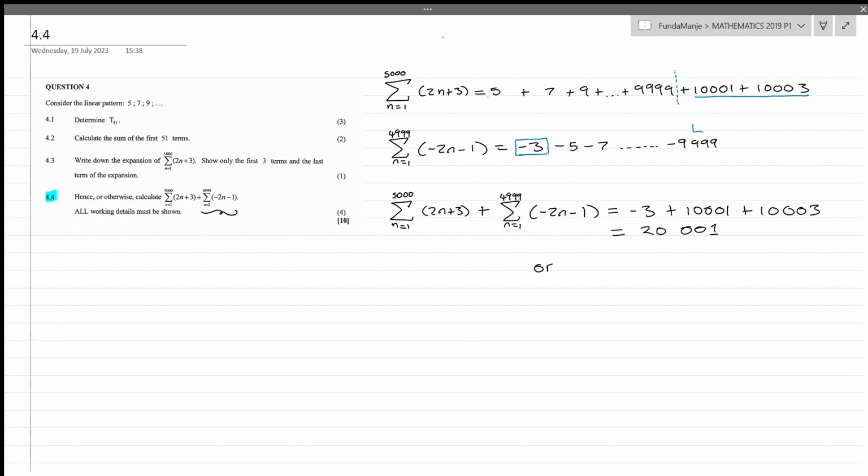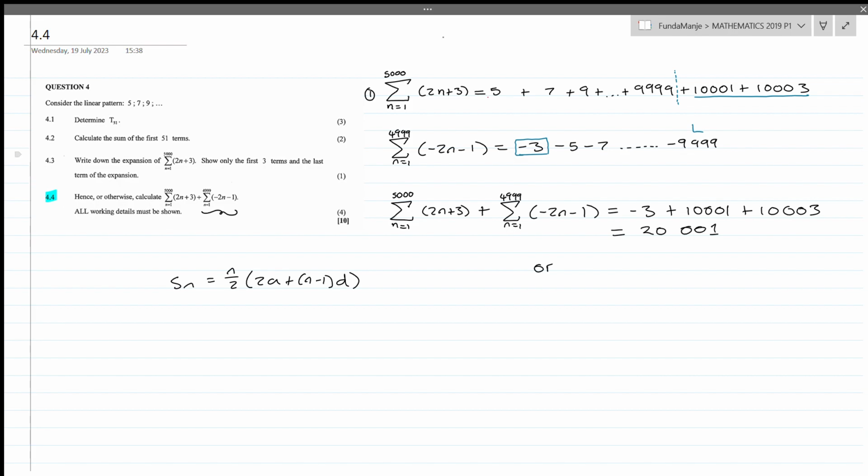Now there is another method that you can use in order to solve these problems, which is usually the more conventional way, and it's a way that uses the formulas from expanding. So we know that there is the formula Sn is equal to n over 2 times (2a plus (n minus 1)d). And this formula can be used for each of the two sequences that we have.